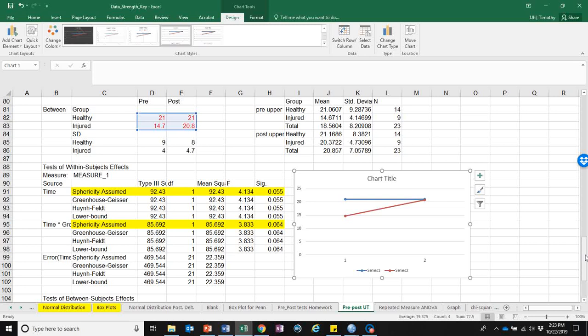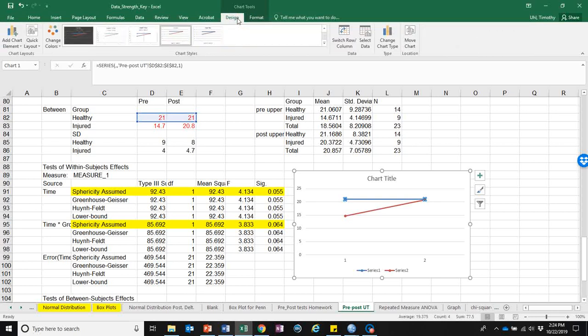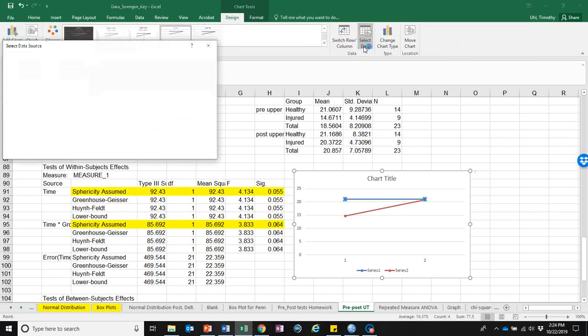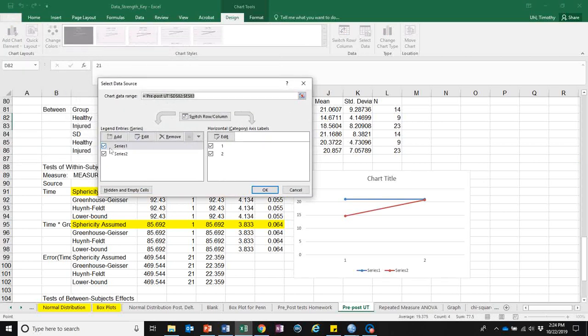So the blue was the healthy group. So you can sort of see here it defaulted to Series 1 and Series 2. If I click on this and I go up here to my format, I lied, it's in your design, select data, there are my defaults to my series. So here is Series 1, and I want to edit that.